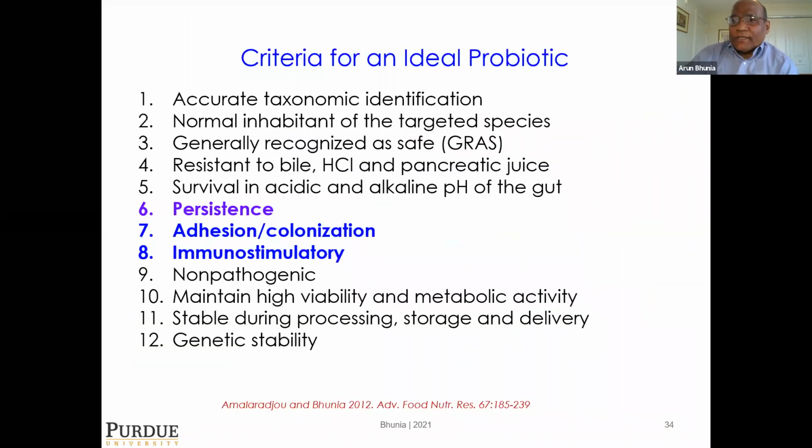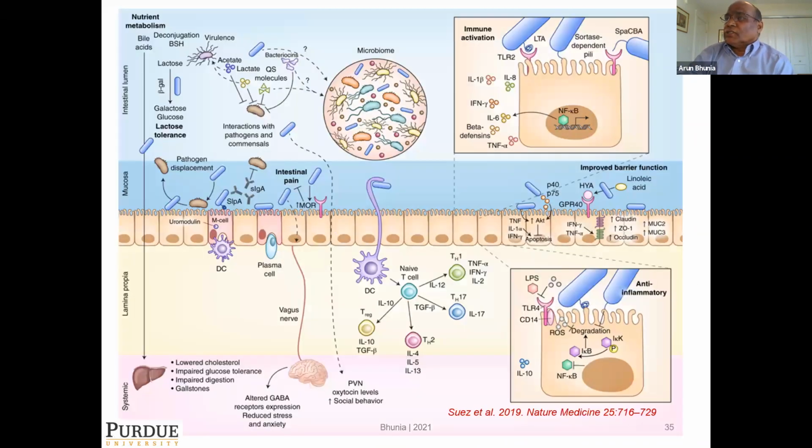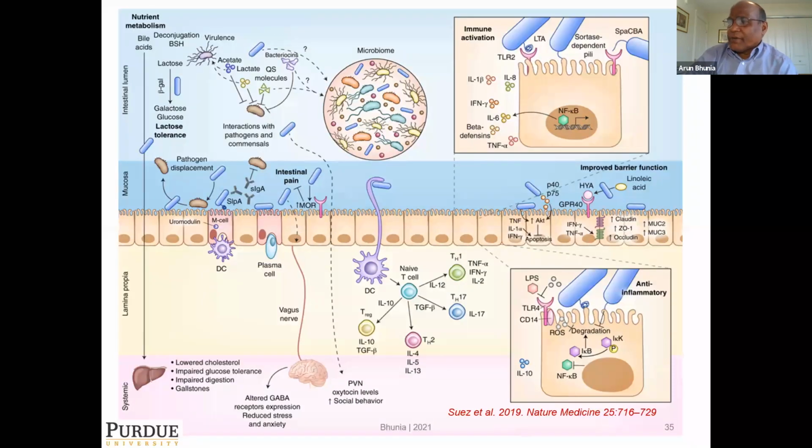So a few points we wanted to highlight: for probiotics to work, they need to persist in the gut. They need to colonize or adhere strongly, and then, of course, be immunostimulatory. So we just focused on a very limited set of functions instead of all those other functions. There was a nice review that came out in late 2019 in Nature Medicine. It's a very busy slide, but it summarized well how probiotics really work and why they don't work in some cases.